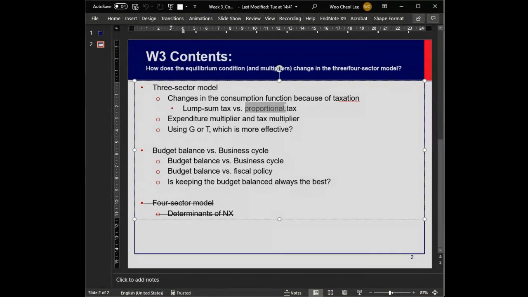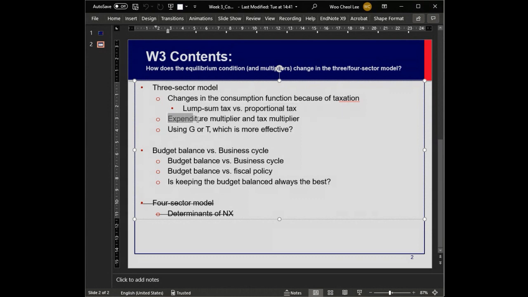And proportional tax means when you have a higher income, you're supposed to pay more tax. So we're going to include these 2 taxes considering the household consumption changes.